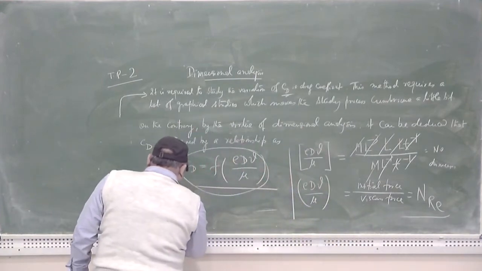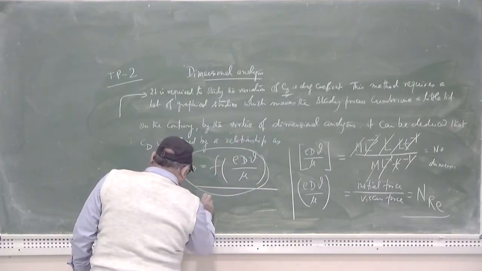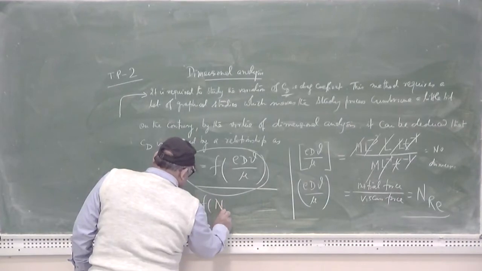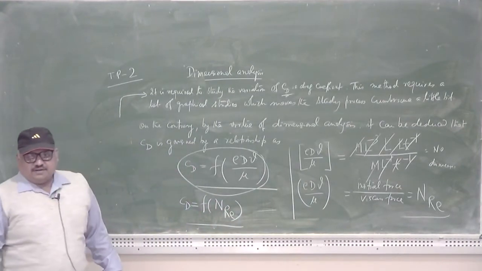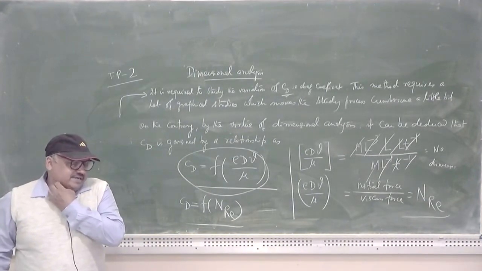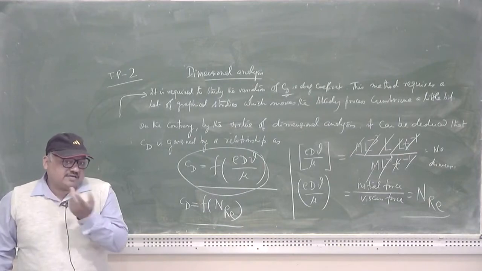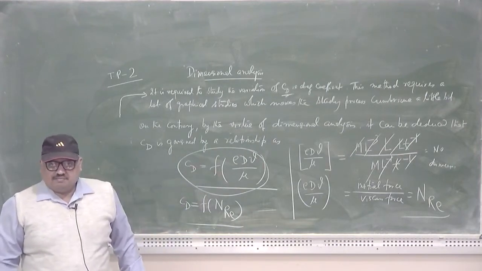So, by the virtue of the dimensional analysis, we can easily establish that CD is a function of a non-dimensional number, Reynolds number, which is nothing but the ratio of two quantities similar in nature. That is why it is dimensionless. That is the inertial force divided by viscous force.